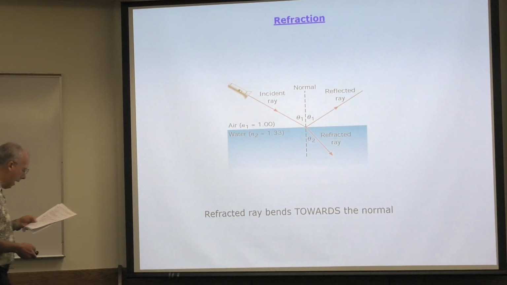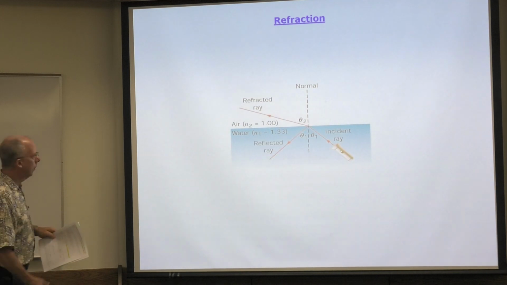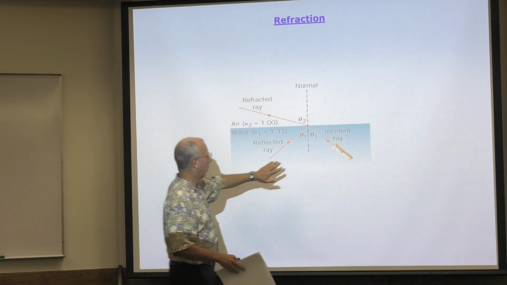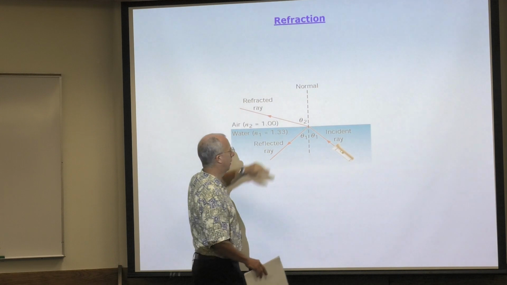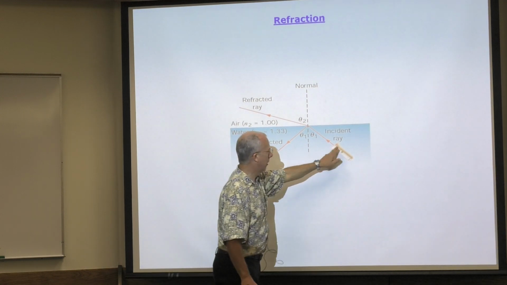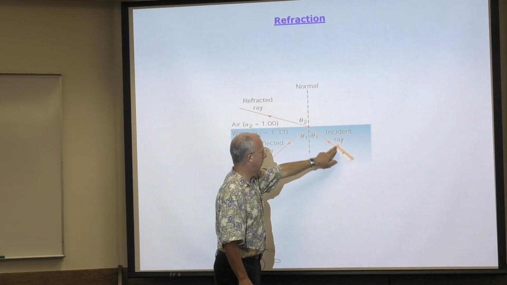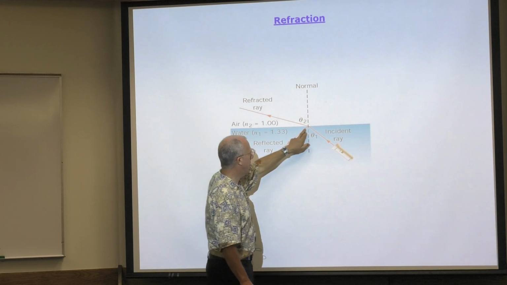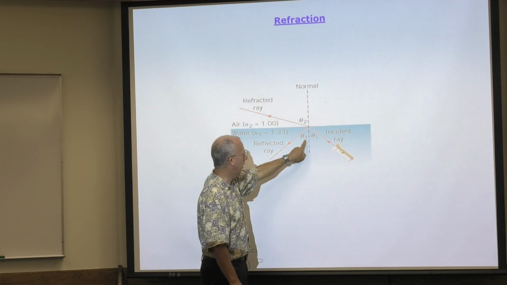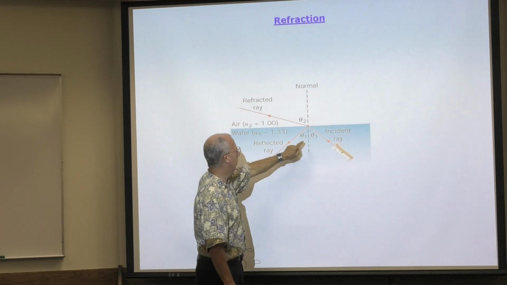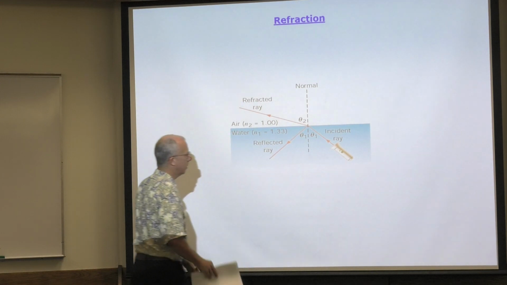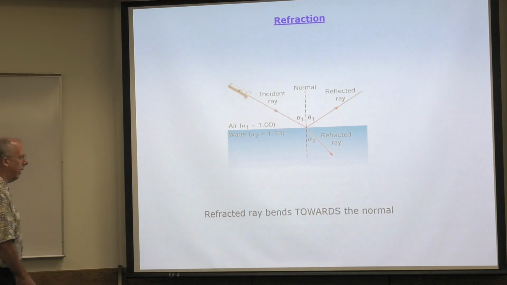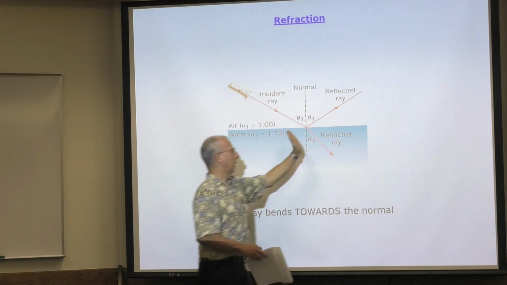Well, how about when we're going from water to air? So now this is the flashlight. So I have the incident ray. Some of it reflects, right? So this theta 1 equals this theta 1. But look at theta 2. Look what it does. Now the previous one, it bent toward the normal, right?